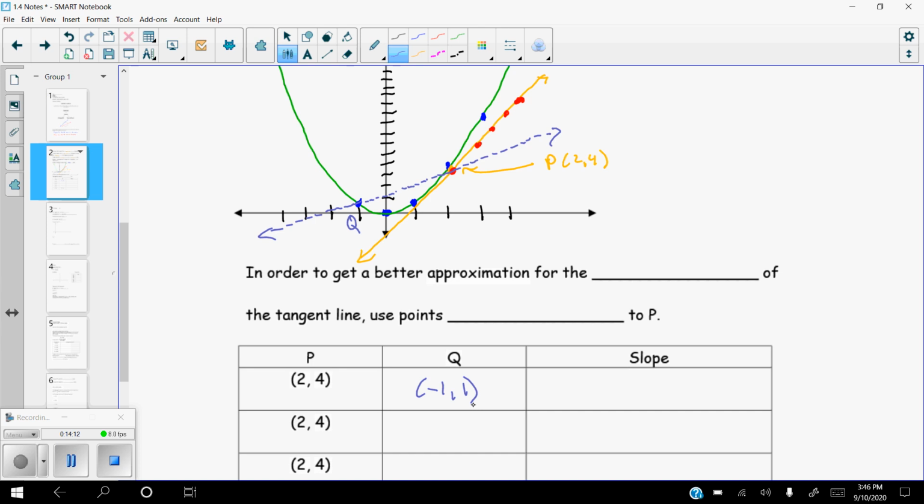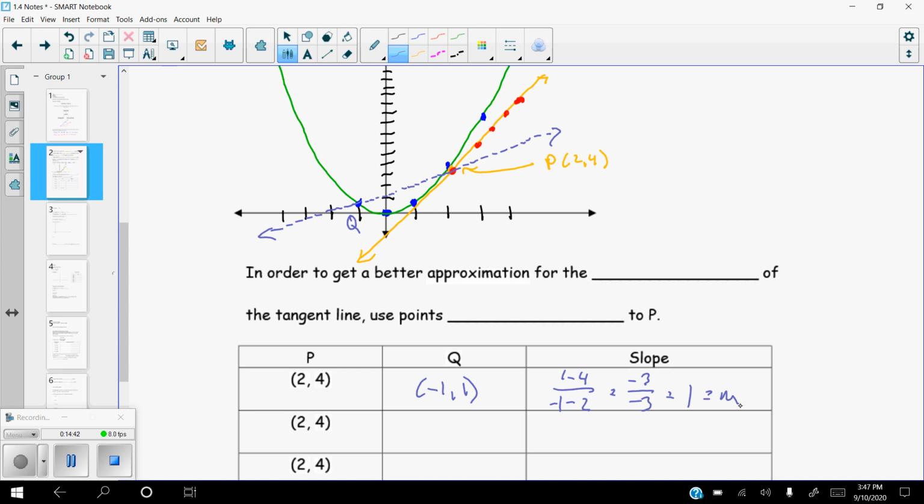So in this case, we'll have y2 minus y1, which is 1 minus 4, over x2, which is -1, minus x1, which is 2. So 1 minus 4 is -3, over -3. Simplifying, that's 1. So my slope between Q and P is 1.